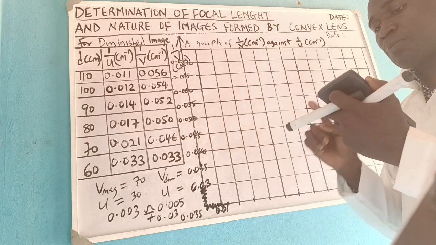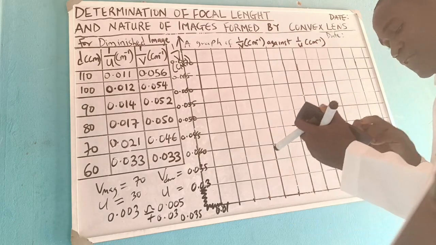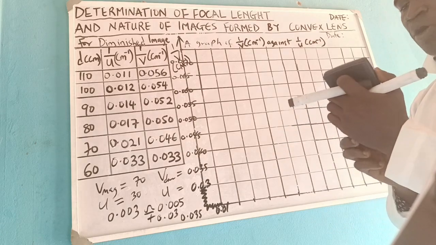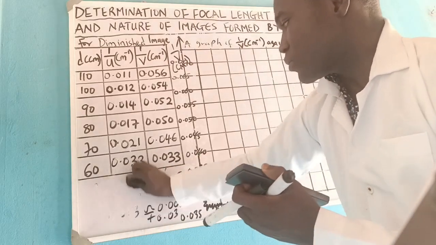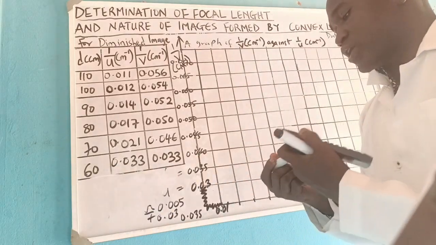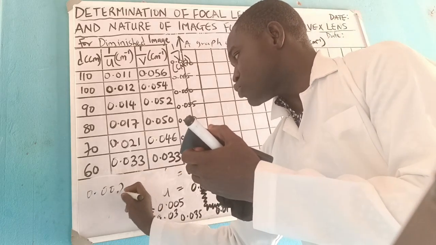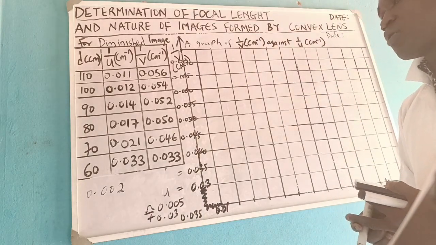That gives me 0.03, right? Divided by how many do we have? 13 buses. It will give you 0.002 approximately. Are you getting it?